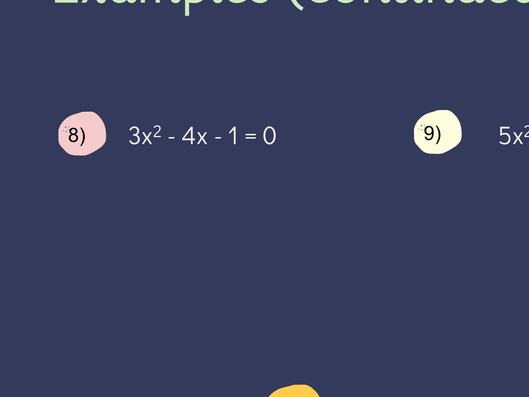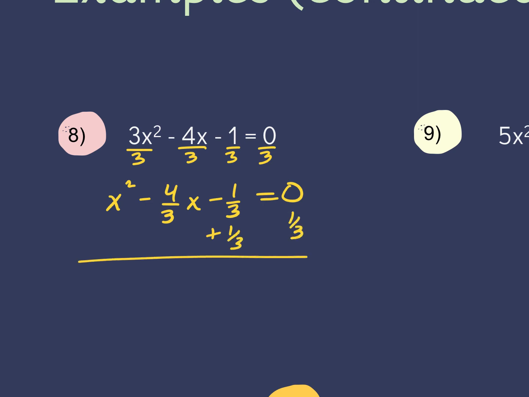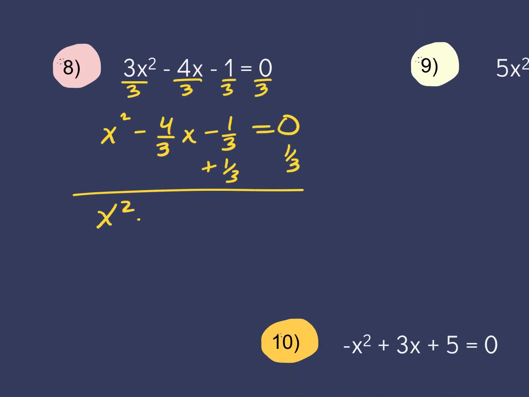All right. Again, we need to get rid of that 3, so we have to divide everything by 3. X squared minus 4/3 x minus 1/3 equals 0. Move the constant. Leave the blank space.